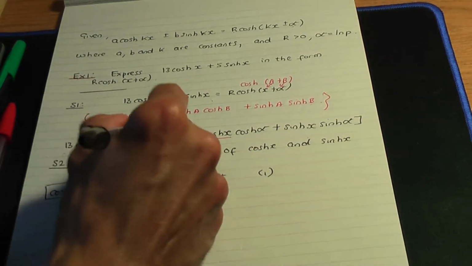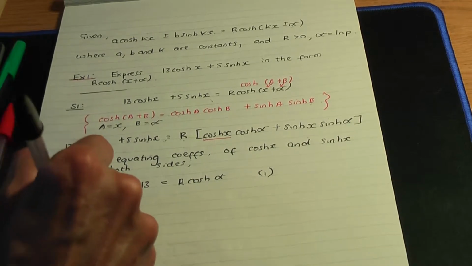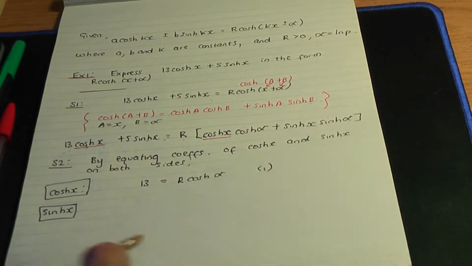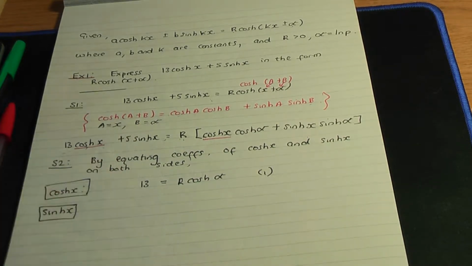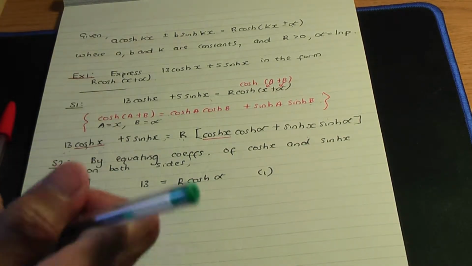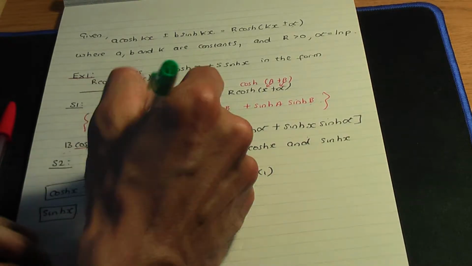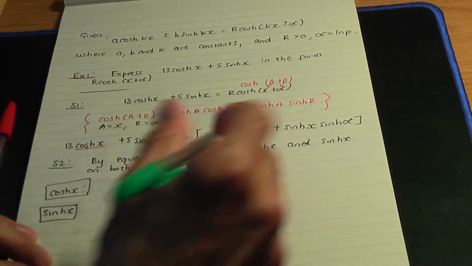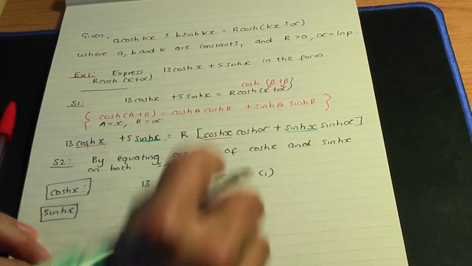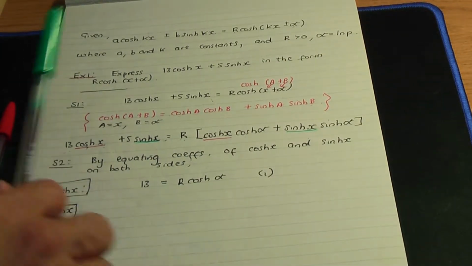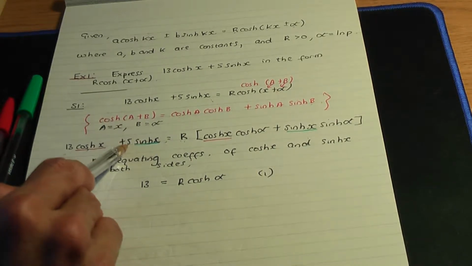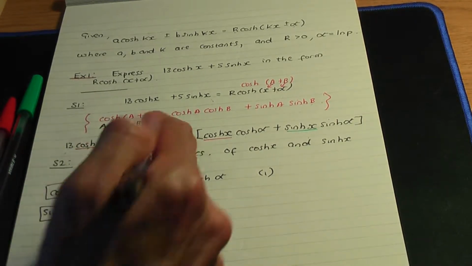And if I do the same with hyperbolic sine x, so if I equate the coefficients of hyperbolic sine x on both sides, let me take this green pen, let's highlight them. So here's my hyperbolic sine x term on the left, here's my hyperbolic sine x term on the right, okay. Coefficient of hyperbolic sine x on the left hand side is 5.